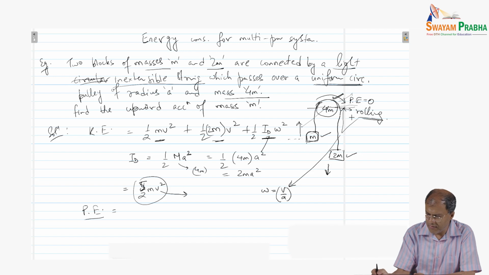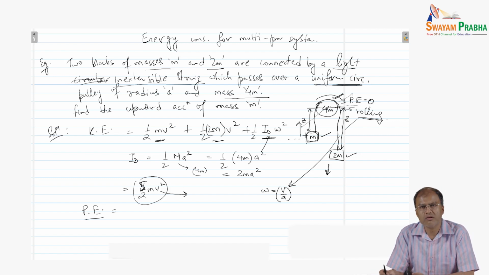Let's say the smaller mass is at a height z, so this is also z, and well, z is changing, right? So here is the issue. We can keep both the distances as z. So what's the point here?